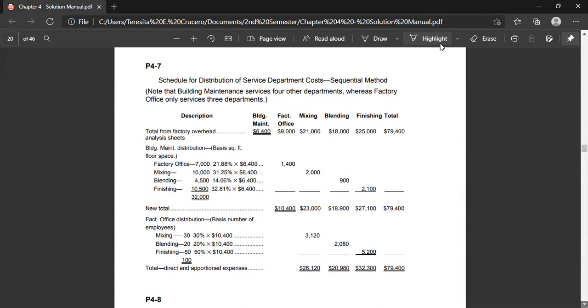First, distribute the service department that services the greater number of other departments. So it's your building maintenance.